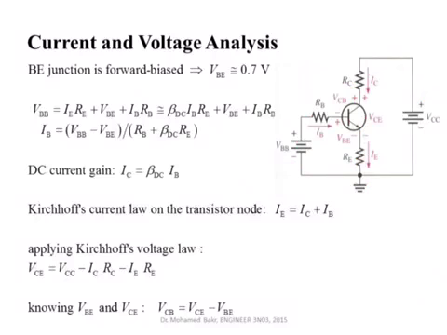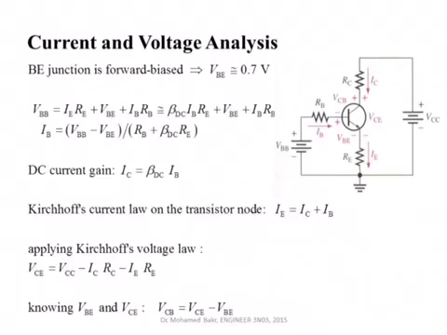For the base loop, the equation governing it is that VBB is equal to IB RB plus 0.7 plus I emitter multiplied by RE. Okay?